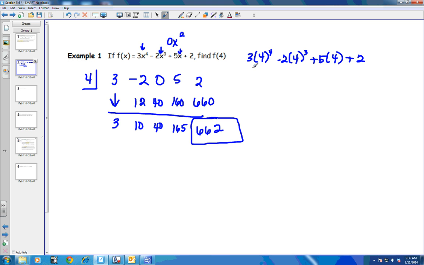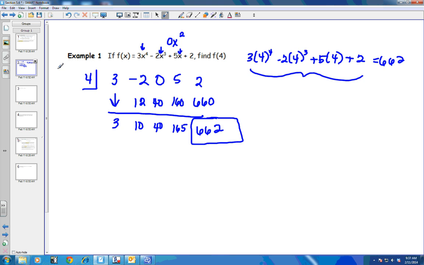If I put this in my calculator, I'm going to get 662. So it's just a shortcut to evaluate polynomials. You can either plug the 4 directly in, or use synthetic division and use the remainder theorem to get that same answer. So when I use the remainder theorem, 662 is my remainder, and that's what I would get if I plugged 4 in.